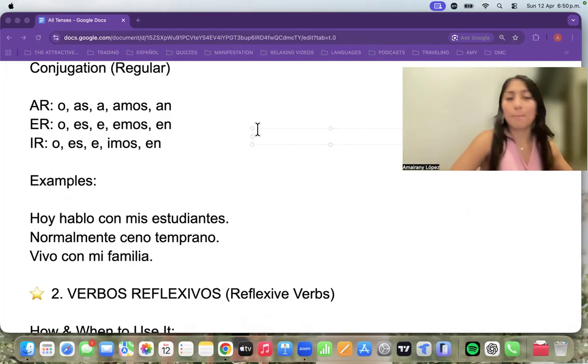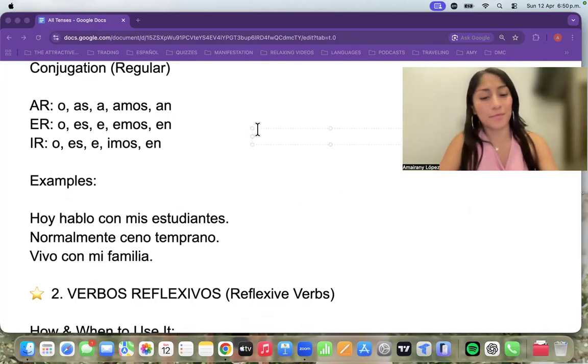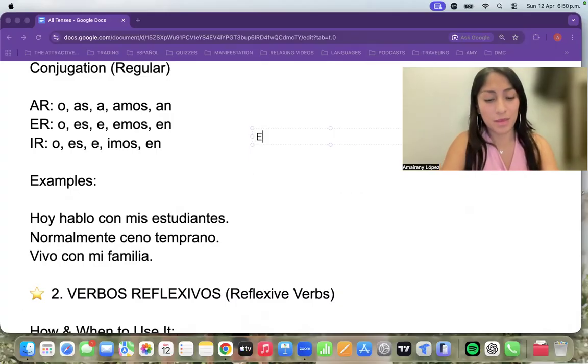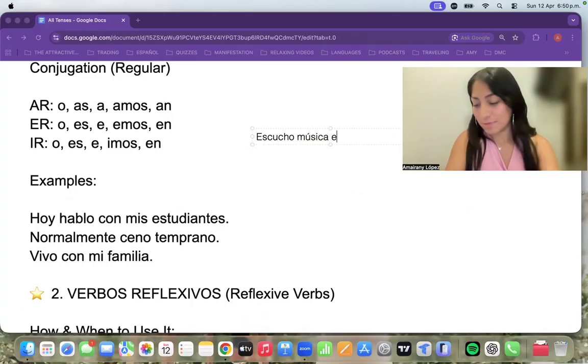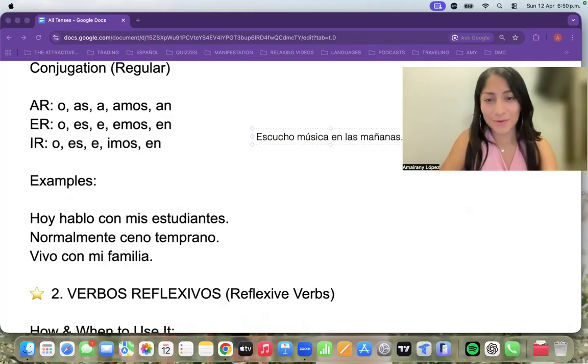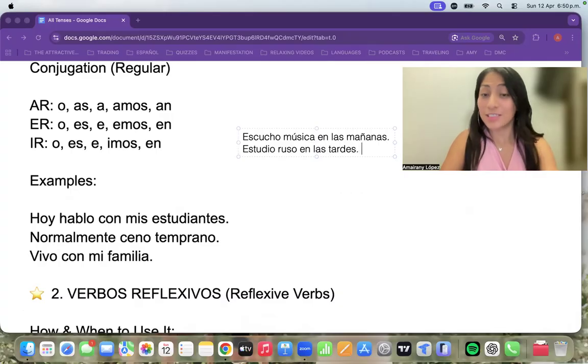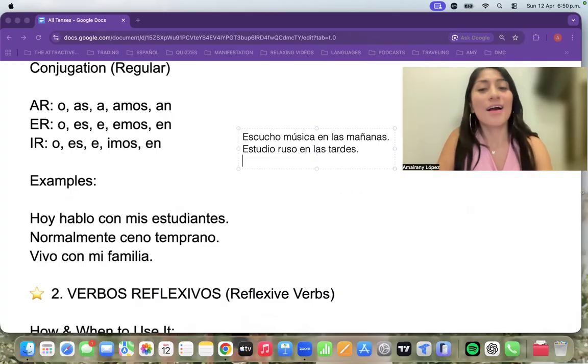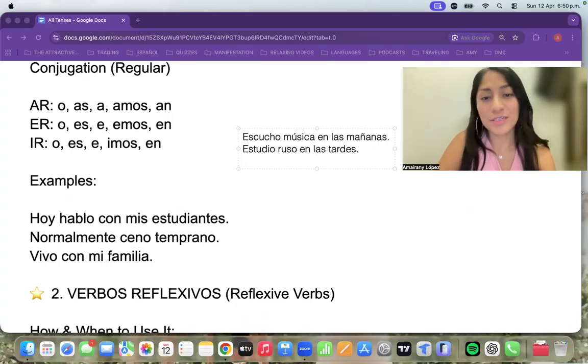For example, me, I would say, escucho música en las mañanas, which would be I listen to music in the mornings, okay? Estudio ruso en las tardes, which is actually true. I'm studying Russian. I study Russian in the evenings or afternoons.